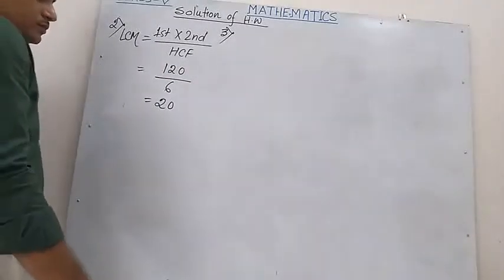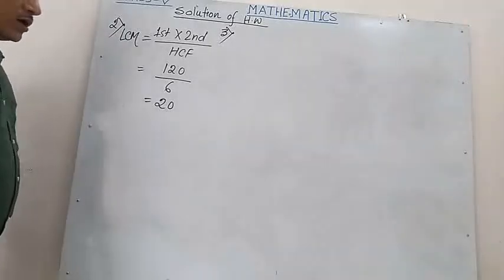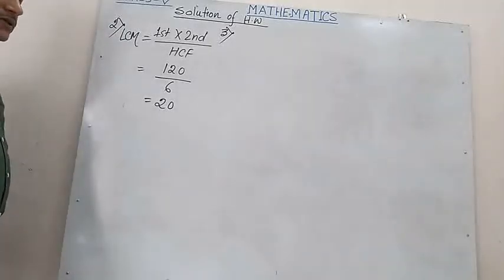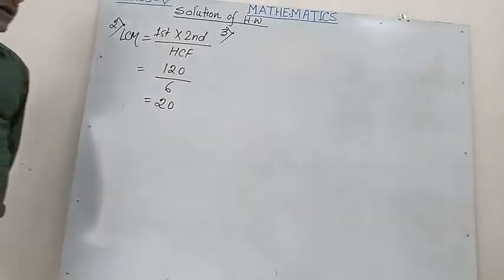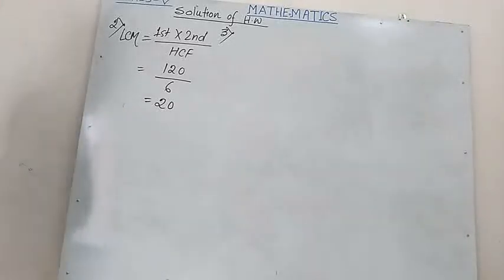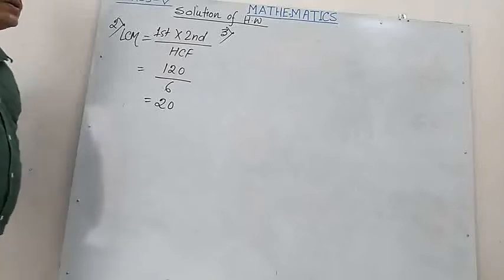Now next, number 3. Find the number which divides 167 and 95, leaving 5 as remainder.